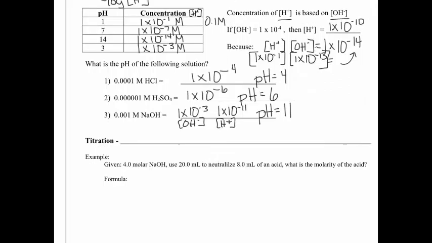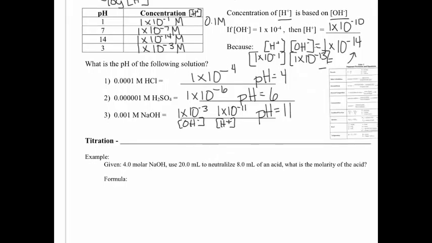You may or may not have gotten to the point where you've done an example of a titration, but a titration is how you discover the concentration of either an unknown acid or an unknown base by finding the neutralization point when you know the concentration of the other.